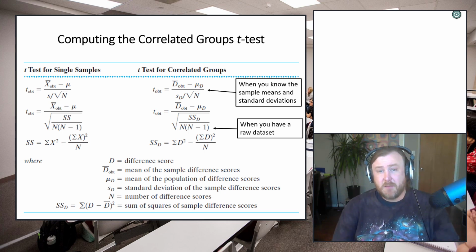So in this top t equation, this is what you're going to use when you know sample means and sample standard deviations. And in the bottom, this is what you're going to use whenever you're just dealing with a raw data set.